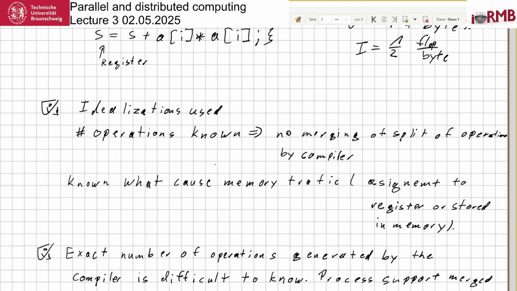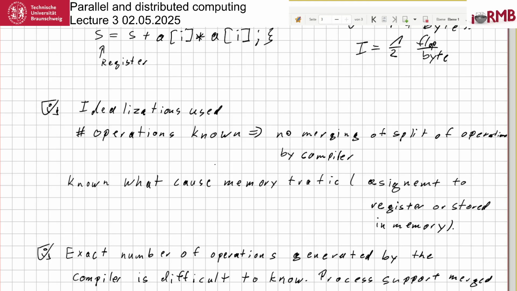The example for this is a very common operation: you multiply two numbers and then you add them to something else.